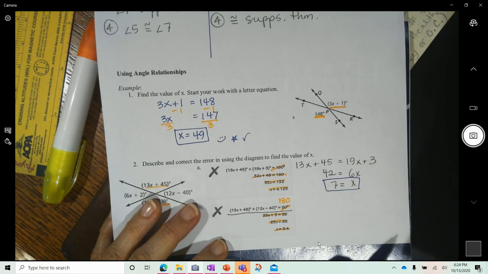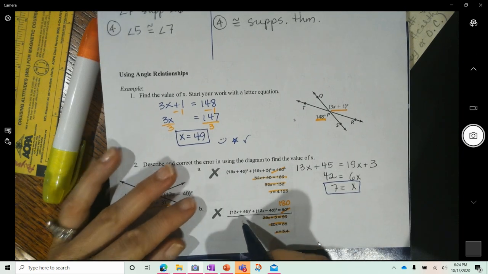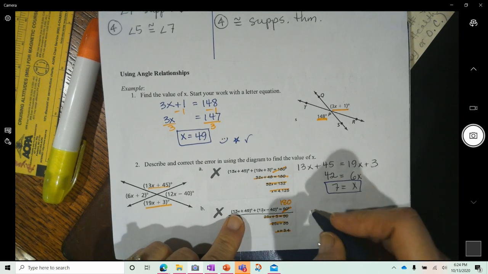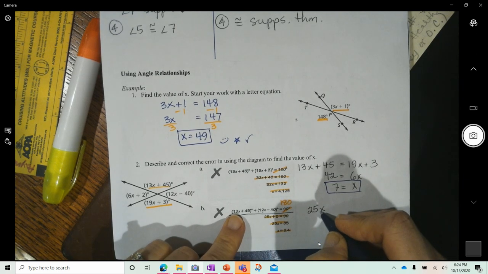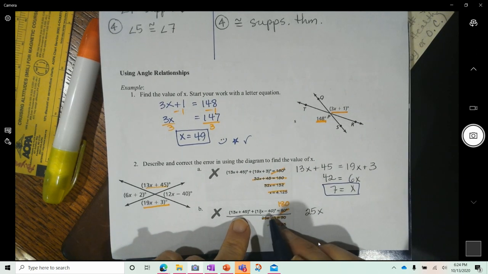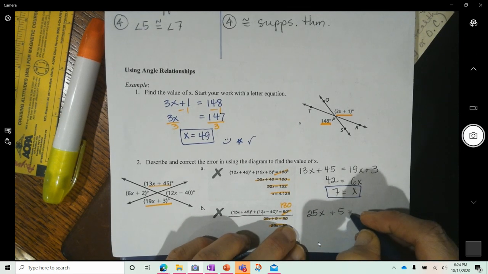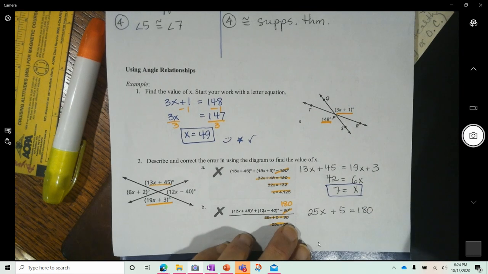Here's your equation. I'm going to add my x's together first. So 13 plus 12 is 25x. Plus 45 minus 40 gives me plus 5. That equals 90.